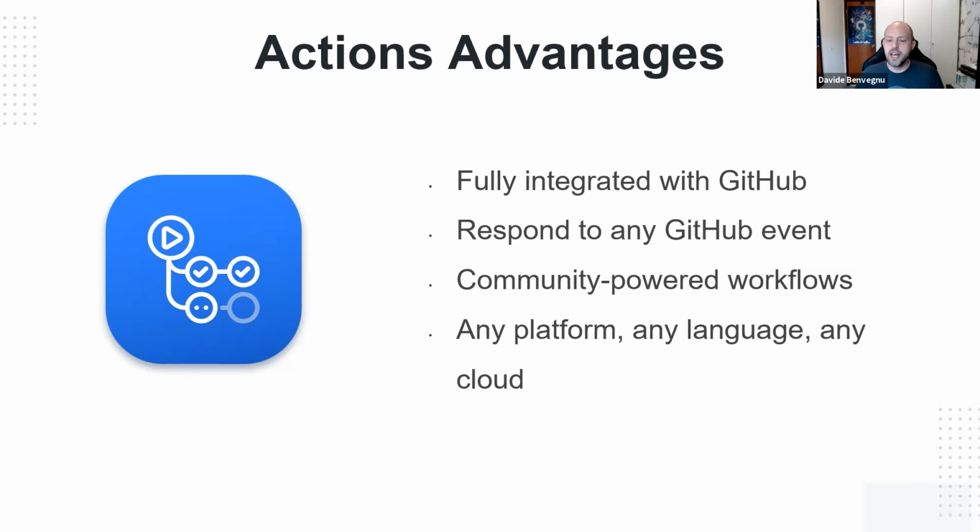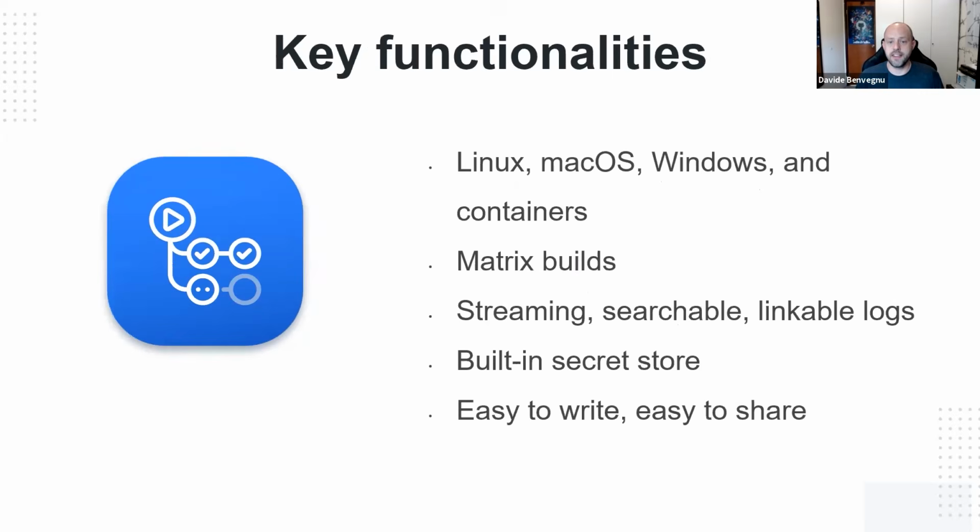I want to make some GitHub action for that specific operation. They make it, and they make that available to everyone. It's fully open source. All the actions are created in the open. You can see the code at any moment. And they work basically on any platform, using any language, and in any cloud. And we will see these in the next slide.